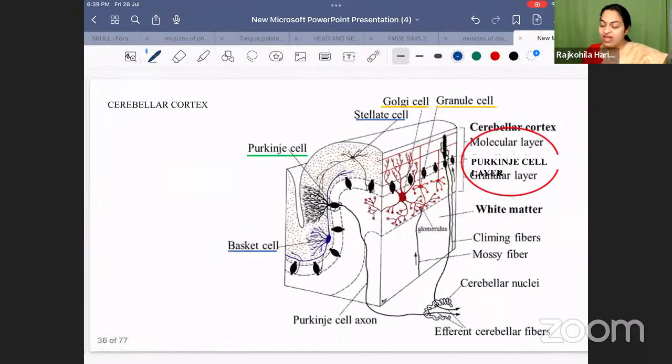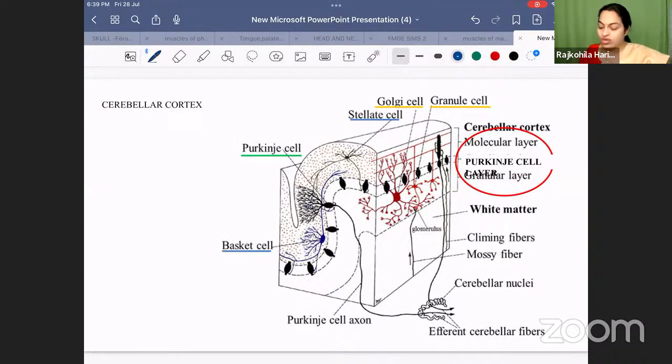So the cerebellar cortex has three layers from outer to inner: the outer molecular layer, the middle Purkinje layer, and the inner granule layer. The outer molecular layer has two cells, the stellate cell and the basket cell. And the middle Purkinje layer, as the name itself says, you have a single row.